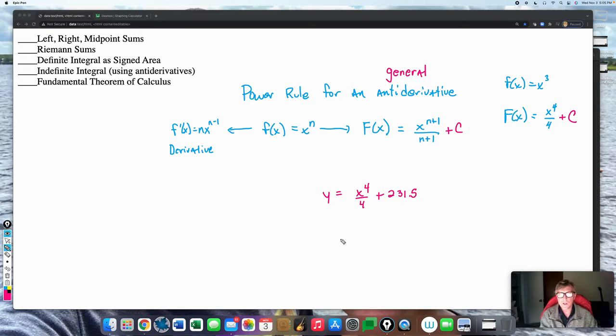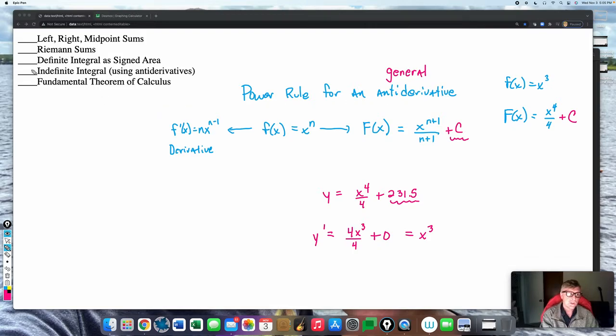The derivative of a constant is 0, right? So the derivative would be 4x to the third divided by 4 plus 0, and we know that's x cubed. So, if the derivative of this function is x cubed, then the antiderivative of this function could be this thing, right? But instead of writing down a whole bunch of different bogus numbers, we just call it a general antiderivative by adding a c.